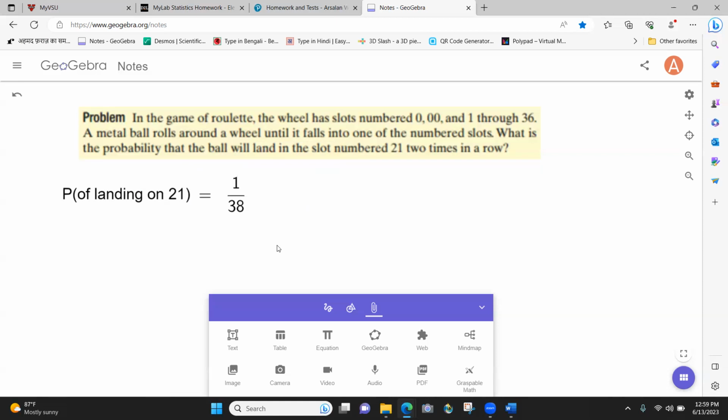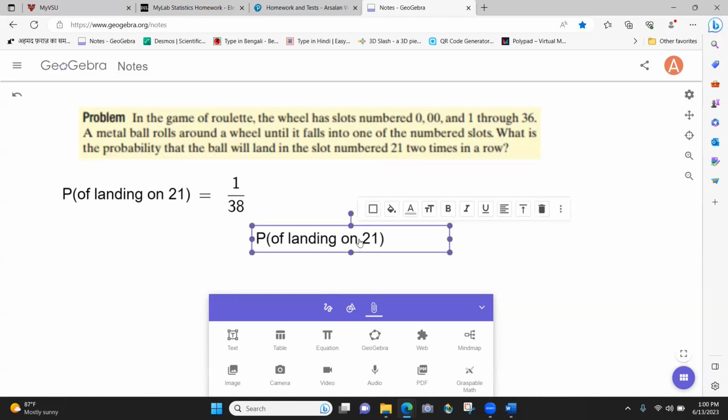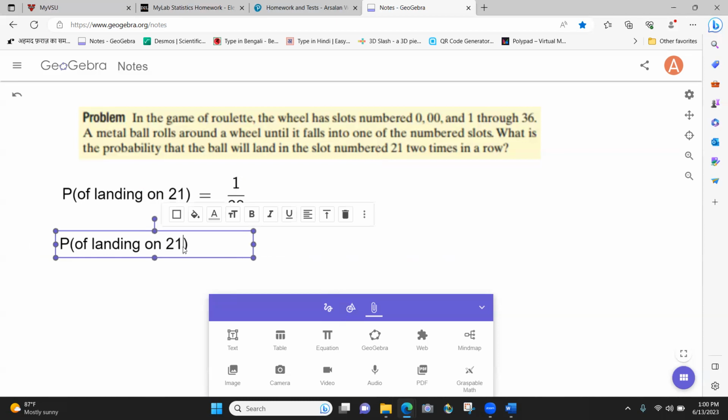So the probability of a ball landing on 21 is 1/38. Keep that straight. What's the probability that the ball will land on 21 two times in a row, one after the other in a consecutive manner? So let's write it down again nicely.